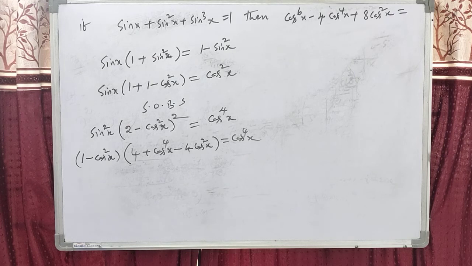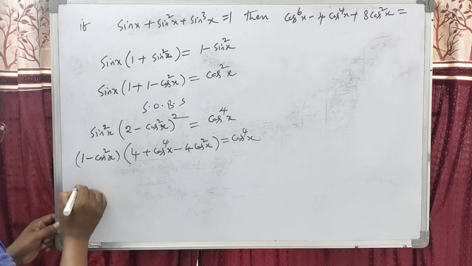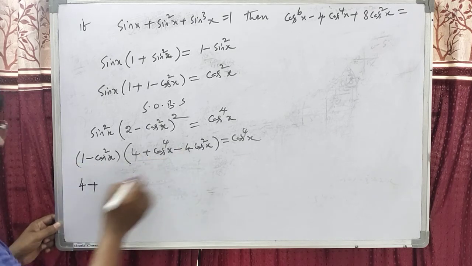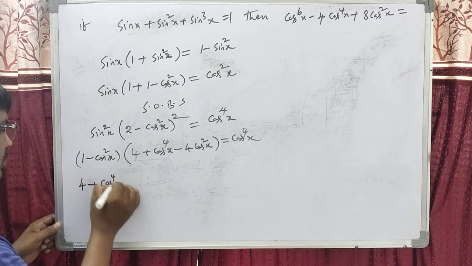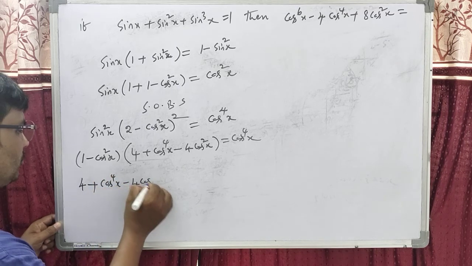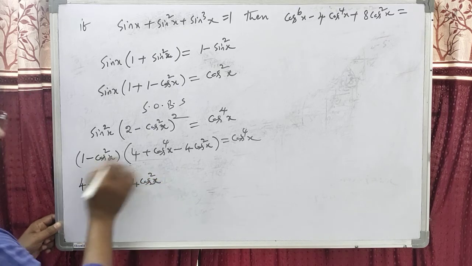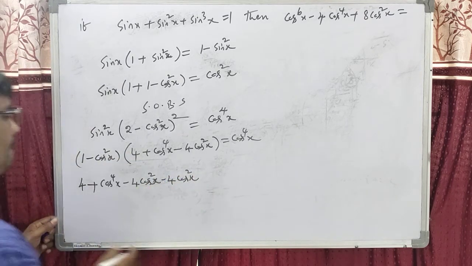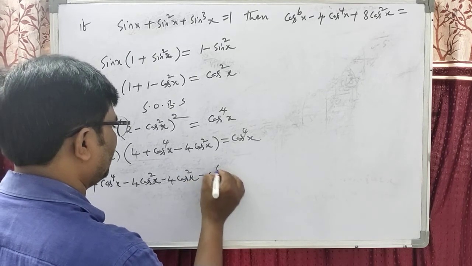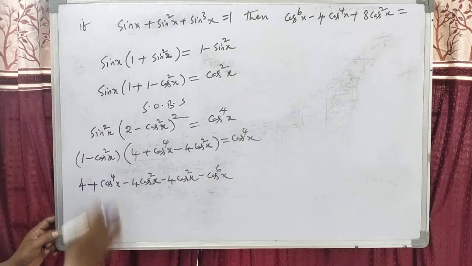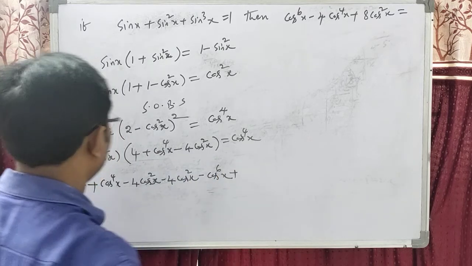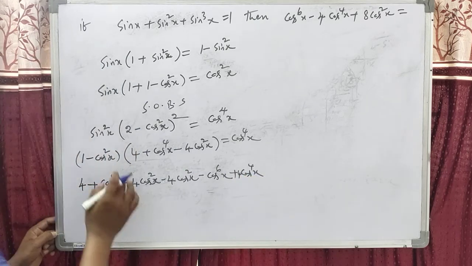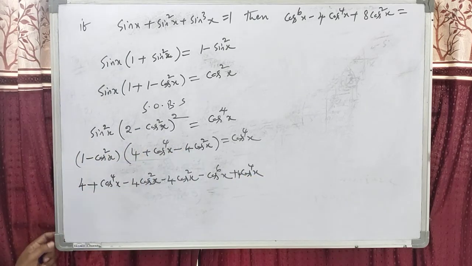Dear students, now first we have to multiply with 1, that is the 4. 4 cos power 4x minus 4 cos square x, minus cos power 6x, plus 4 cos power 4x equals cos power 4x.